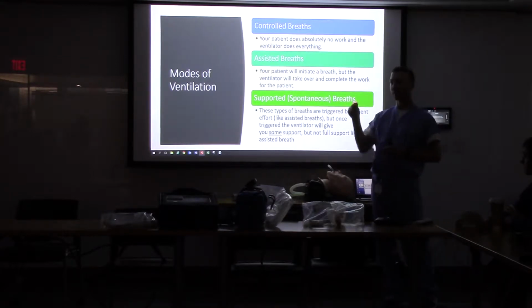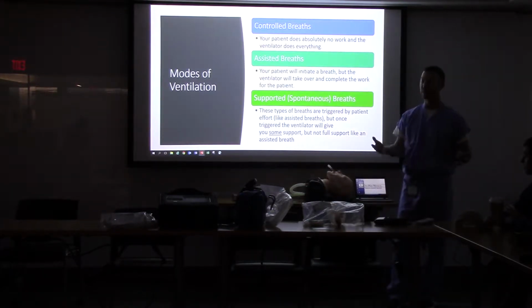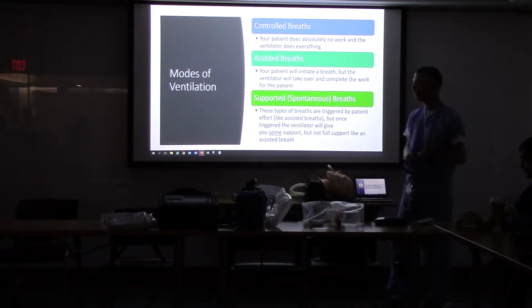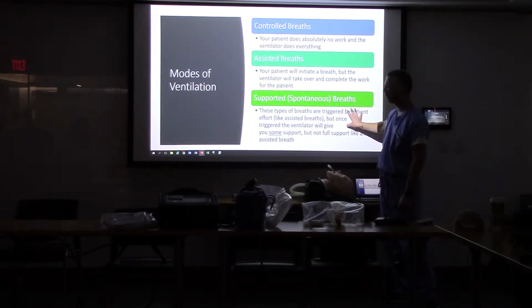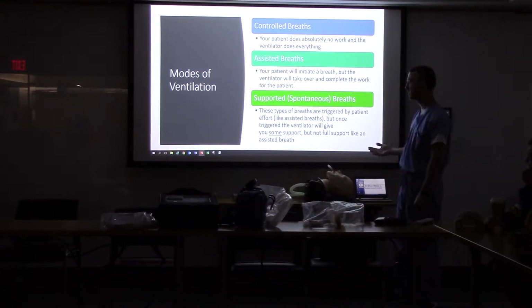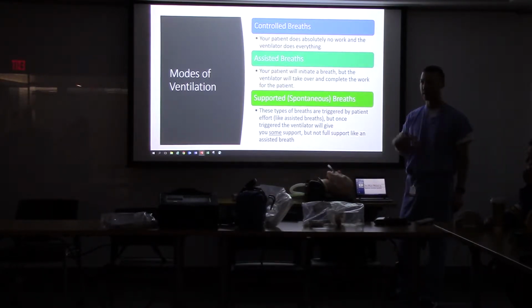The machine recognizes that drop in pressure and it triggers a breath of whatever you set it at. If the patient's not breathing on their own, then the machine takes over and delivers a breath at that predetermined volume. And then finally, if you're awake but you just can't breathe, like Christopher Reeve, where you have no diaphragm control, you can't make that inspiratory force to drive the ventilator to breathe for you.